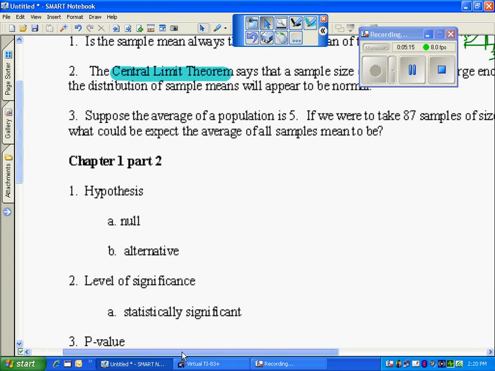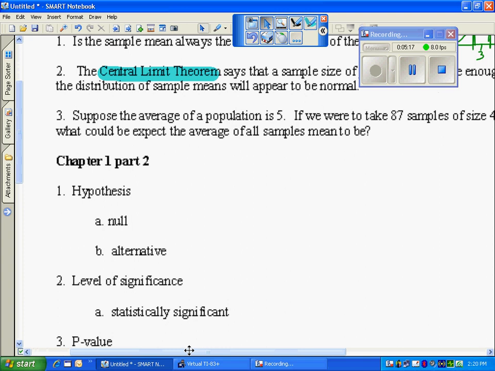So if I have a population and I take 87 samples of size 4, in this case n, the size of my sample, is 4, but I took 87 samples. If I plot them on here, this is what my curve would look like.